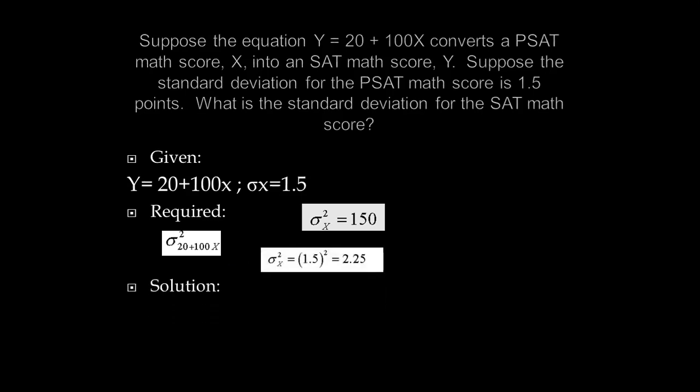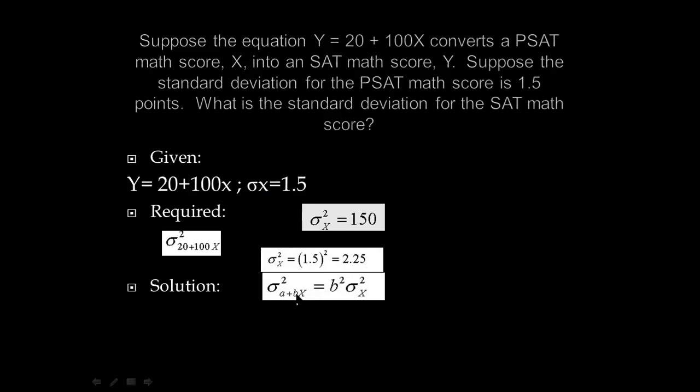If we're going to proceed with our solution, we have to square the standard deviation to get the variance. The standard deviation at x is equal to 1.5, so squared, this gives us 2.25.